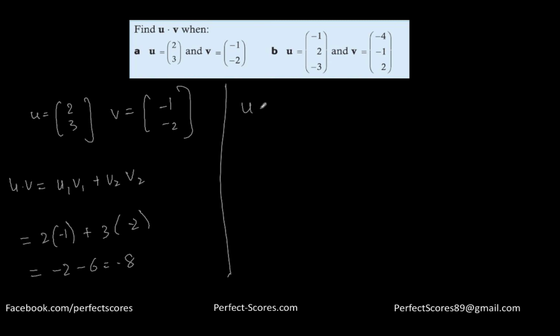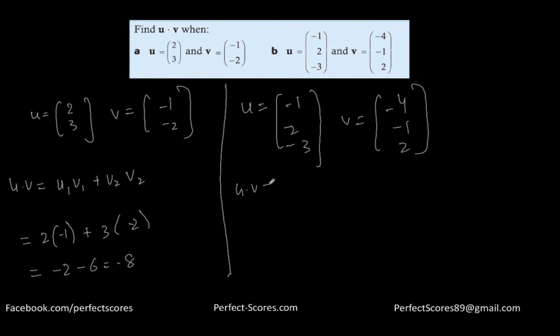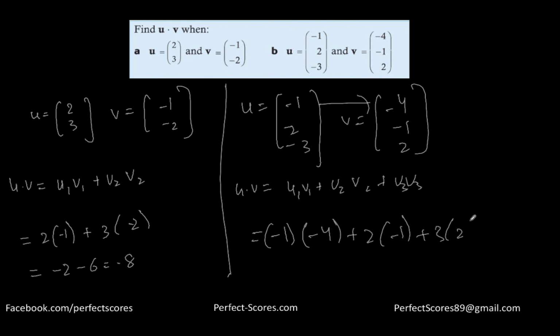Similarly here, u is -1, 2 and -3, and v is -4, -1 and 2. Again, the dot product would be u1 v1 plus u2 v2 plus u3 v3.